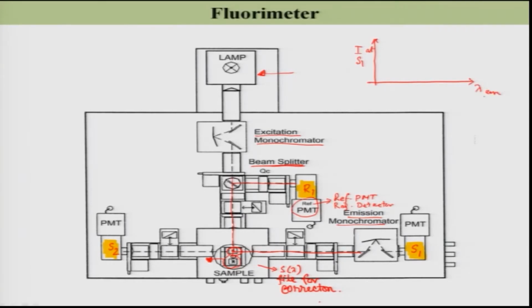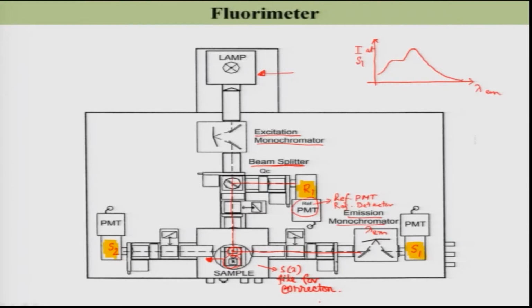That lambda emission will be set by this emission monochromator, right. You will set what the lambda emission is. So, you plot it like this way and you will get something like this, right. But this is not correct, you know.